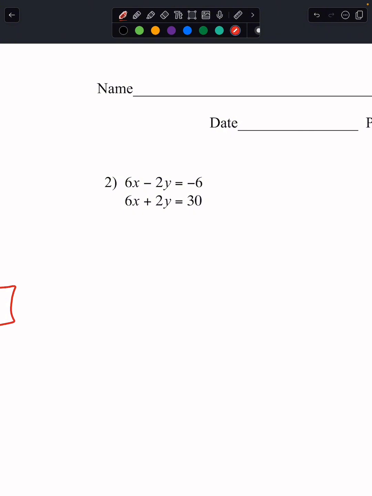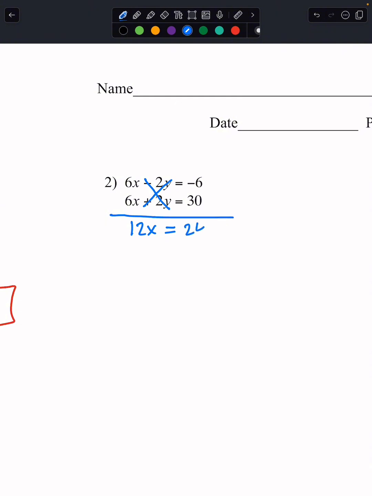But they were so nice to us and set it up where the 2's and the y's have the same number, but opposite coefficient, which means that these can disappear because when you add straight down, negative 2 and positive 2 are going to cancel. So now I got 6x plus 6x is 12x. And then negative 6 plus 30 is 24.